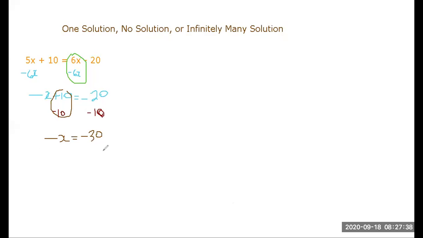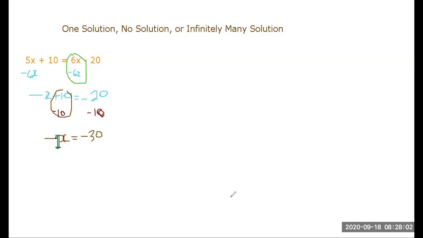Keep in mind, this doesn't say x equals negative 30. We're not done. We need to find what x is. This says negative x. In reality, there's an imaginary 1 right here, so it's saying negative 1x is equal to negative 30. But instead of writing the 1, we just say negative x.